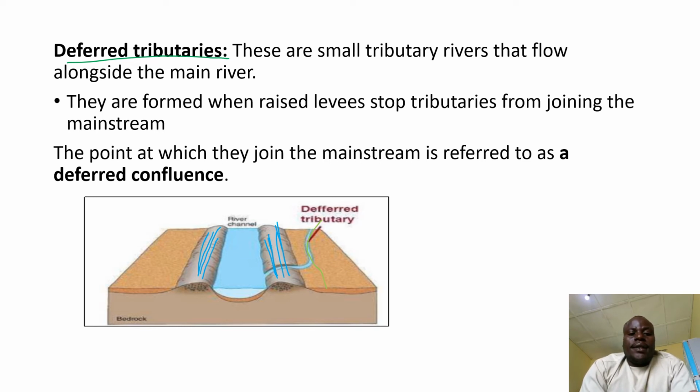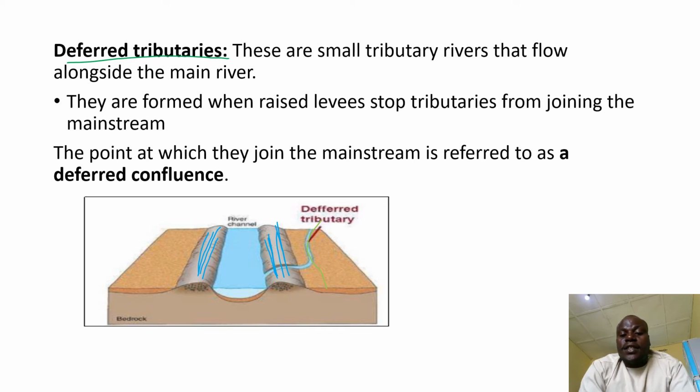This diagram also illustrates what we call deferred confluence. It is a point at which the deferred tributaries join the main river.